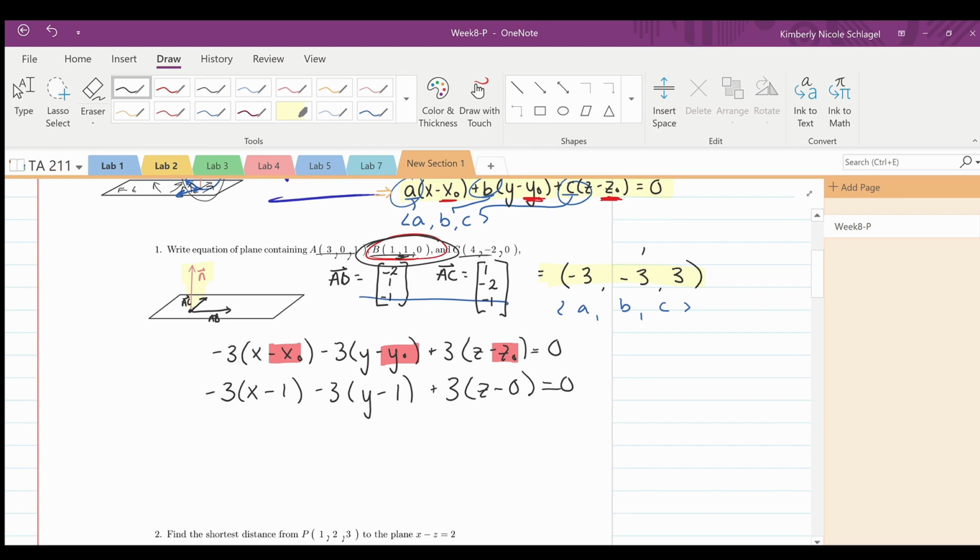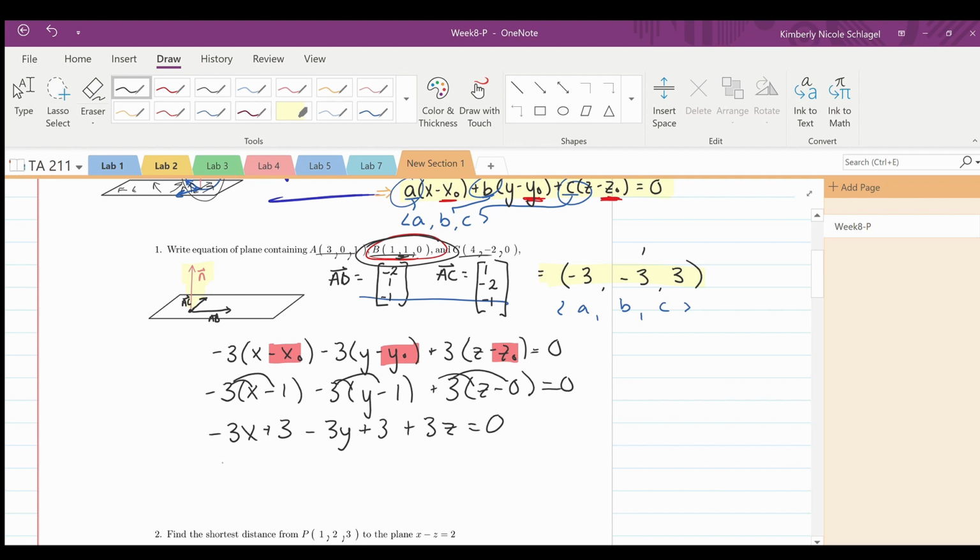When I multiply this out, I'm just going to distribute these here, and I'm going to get -3x plus 3, minus 3y plus 3, and plus 3z plus 0 equals 0.